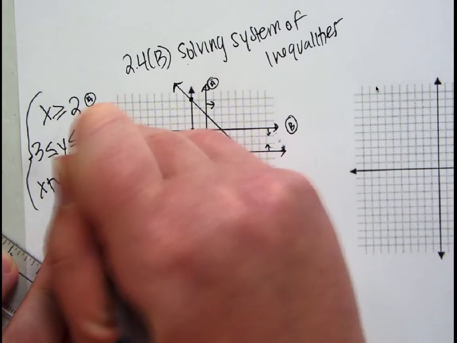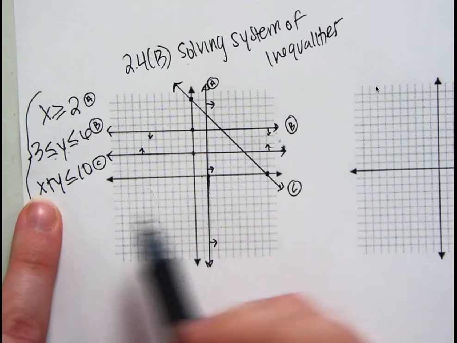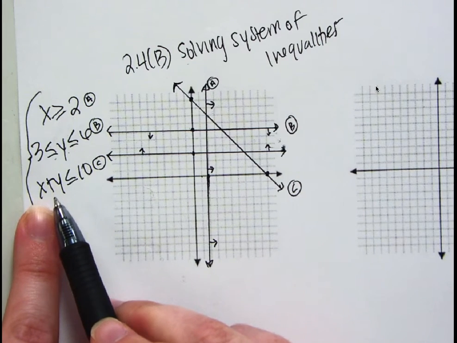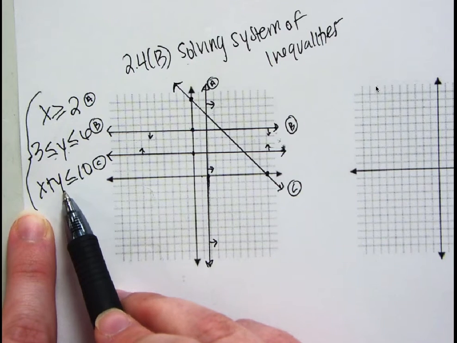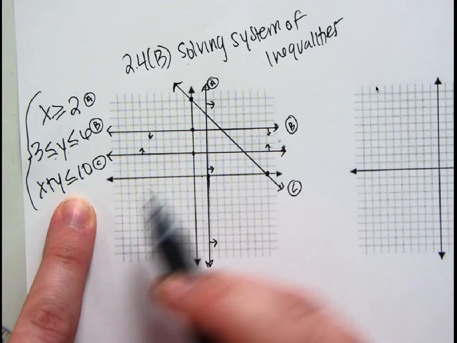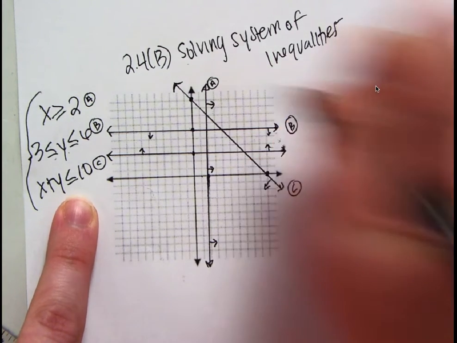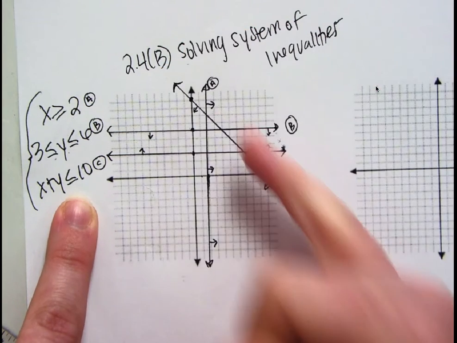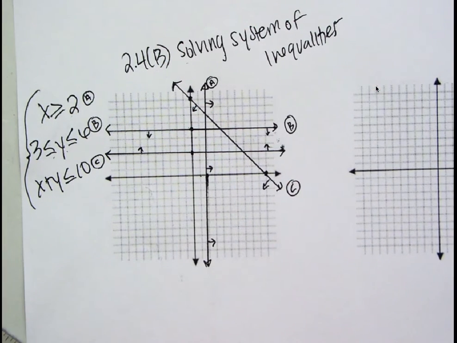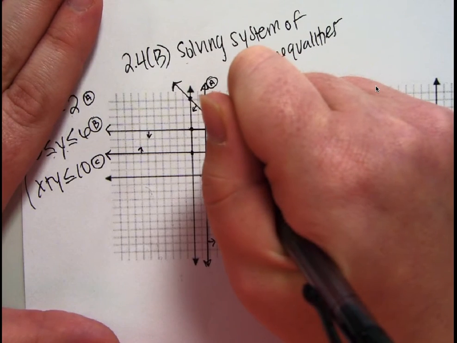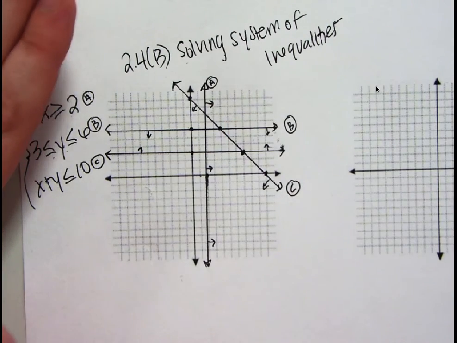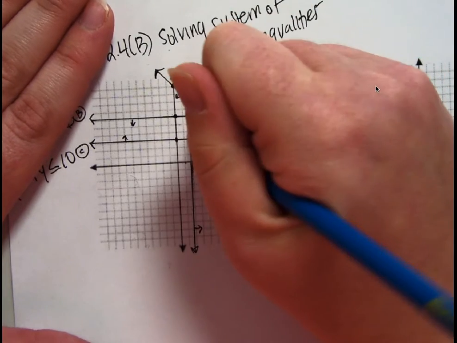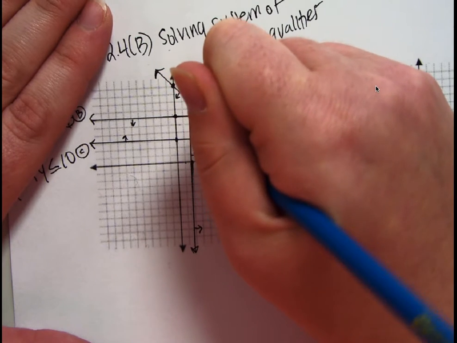That would be inequality C. To identify what direction we're shading here, if we plug in the ordered pair 0, 0, 0 plus 0 is in fact less than 10, so we would be shading towards the origin. All right, so we have a solution set. Our solution set would be the region bounded by all three of those inequalities.